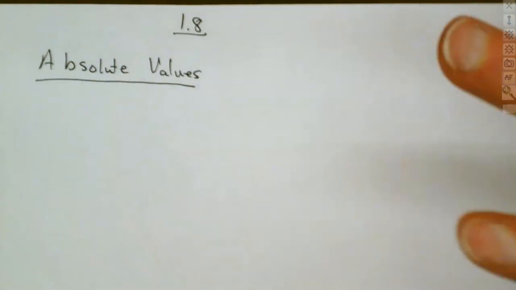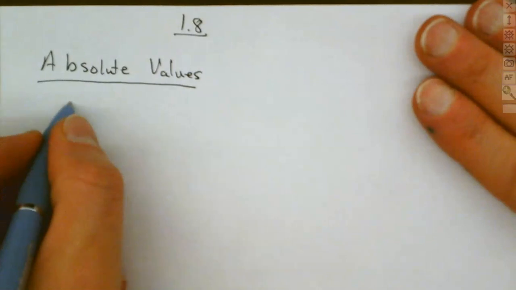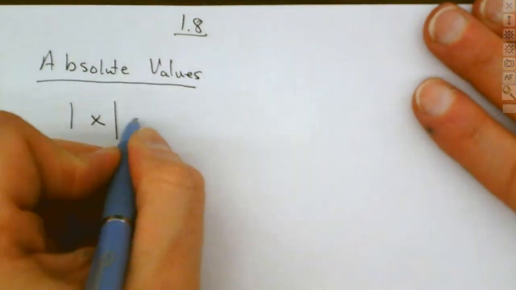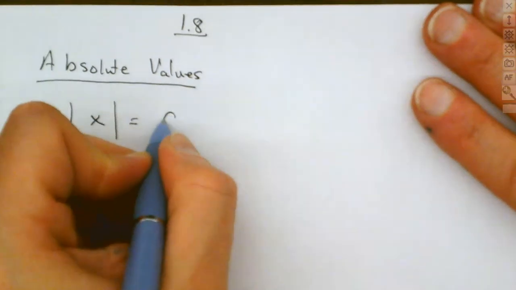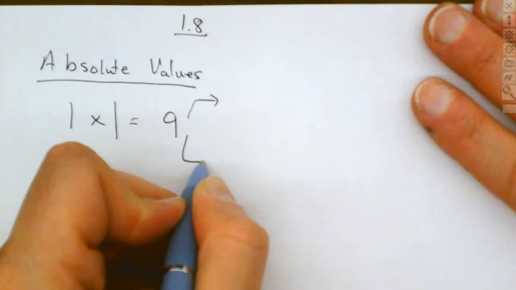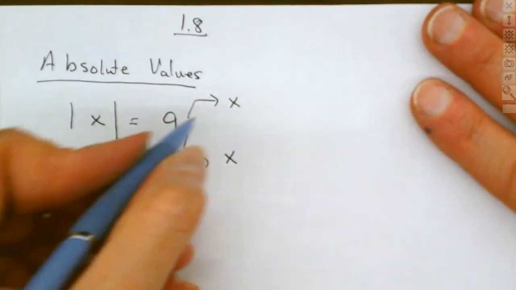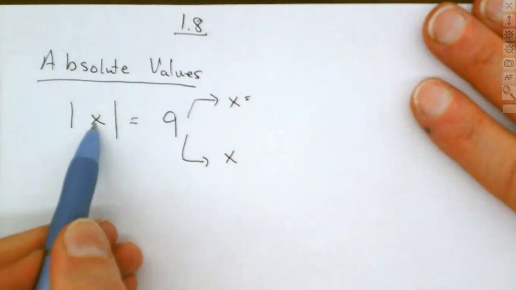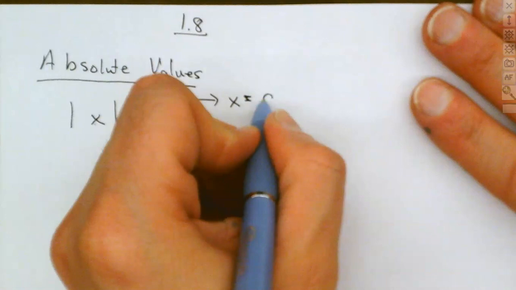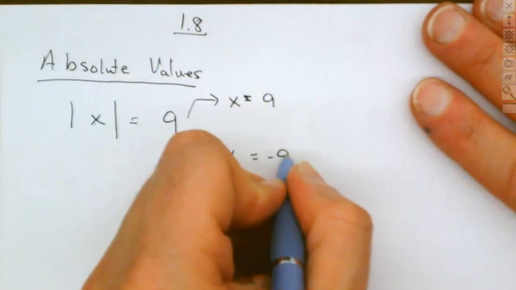But when I think about absolute values, I need to get the two solutions. So let's just look at one that we can just look at and solve. Does anyone want to tell me what two numbers would work here? Well, absolute value of x equals 9. The two numbers are going to be 9 and what else? Someone said it. -9, right?